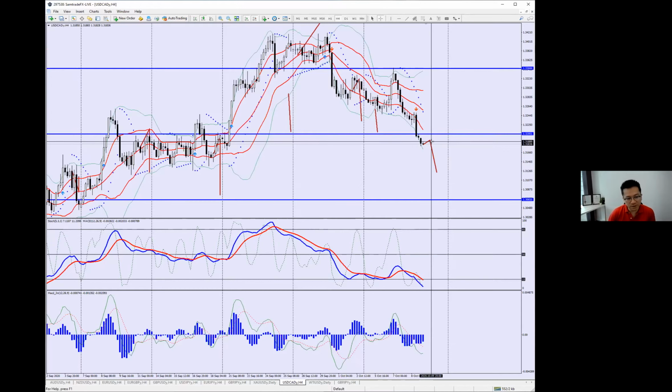So you could be looking at a 40 pip stop loss, maybe a 40 pip take profit, or a good 100 pip take profit as well. So two levels there.